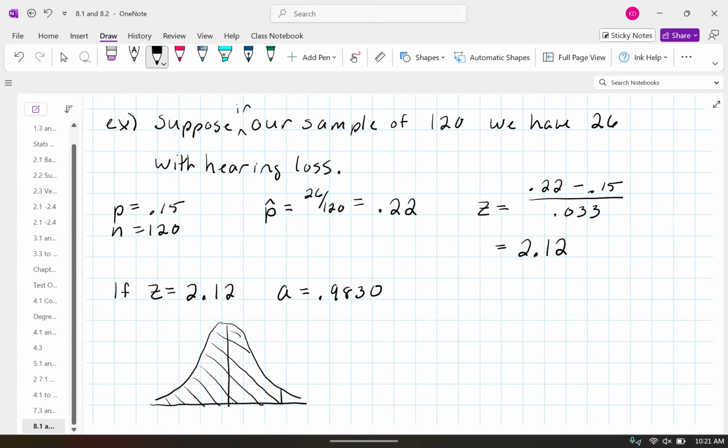Now we get to translate this into real words, which is honestly the hardest part. What this is saying is our group here, the probability we get a group with 26 out of our 120, and hang on, I'm saying this wrong.